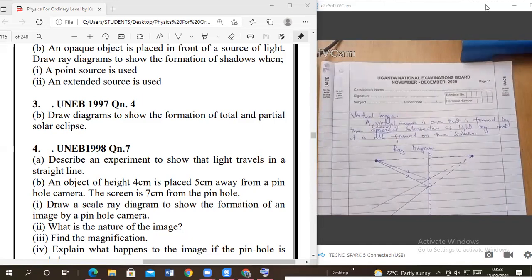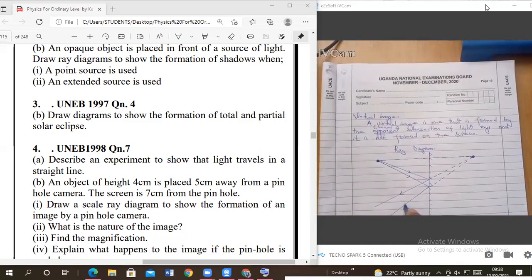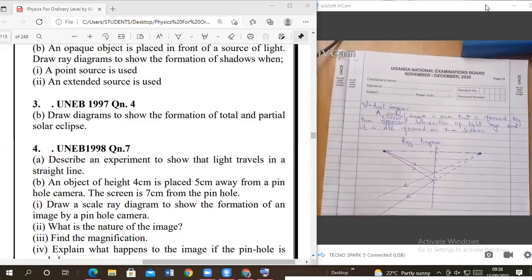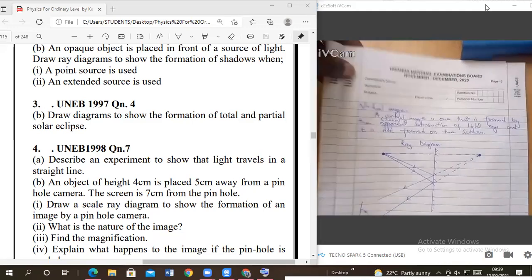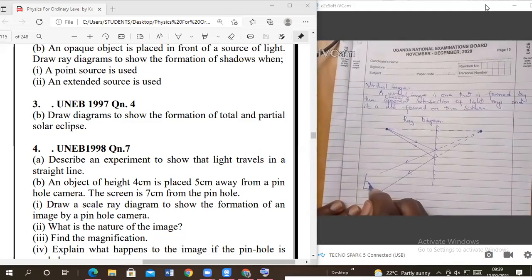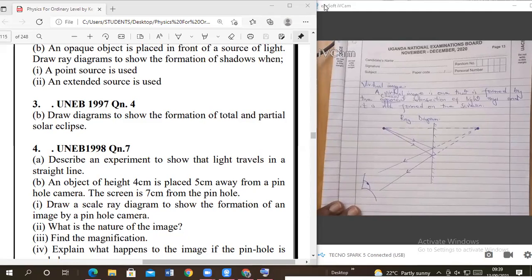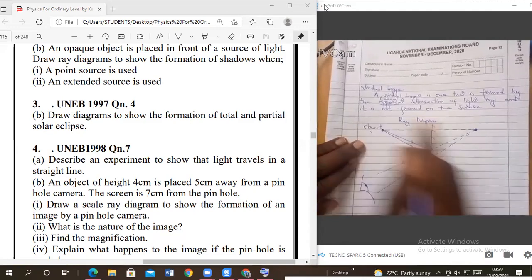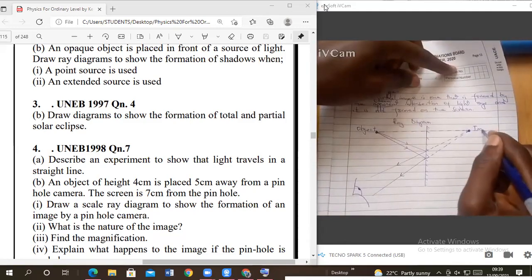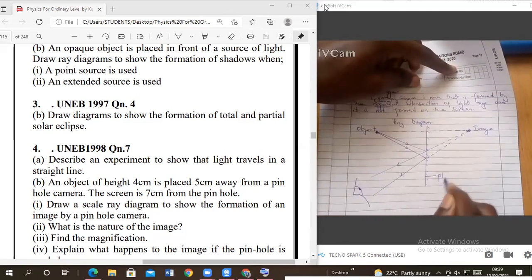Members, have you seen that? Here it is reflected back. Now for you, you are here, you are seeing it from here. The observer is there. So this is the object, then this is the image, then this is the plane mirror.